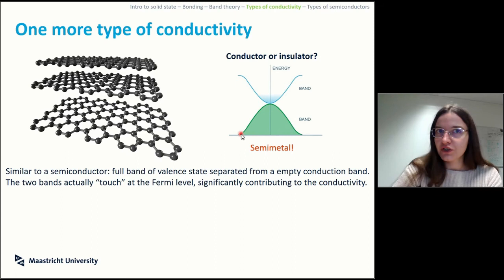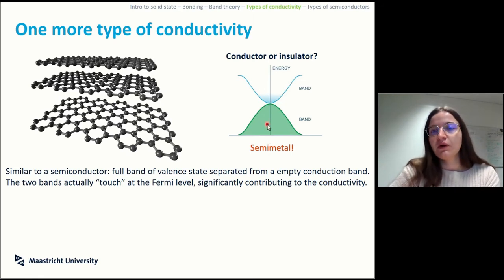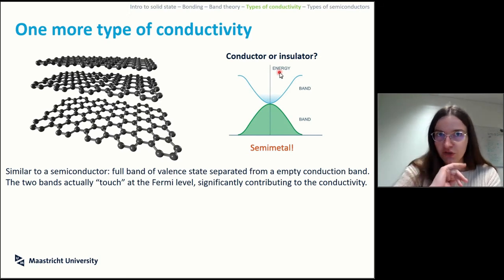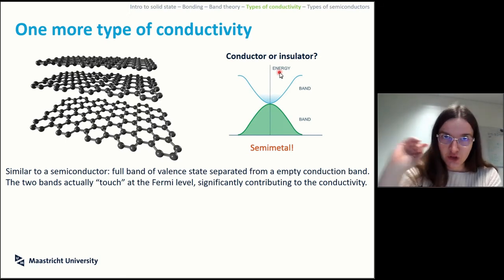This means you can still have a distribution in energy, but if the band is changing shape, you could have a situation like this, in which not all the positions in space are equally energetic. If you are in this position, you have a huge gap, but with certain directionality, certain atoms involved in a certain bonding, you end up having a single point of contact, and that's what you call a semi-metal. So the two bands touch exactly at the Fermi level, and this is a significant contribution to the conductivity, because in this orientation, with these levels involved, you can conduct.